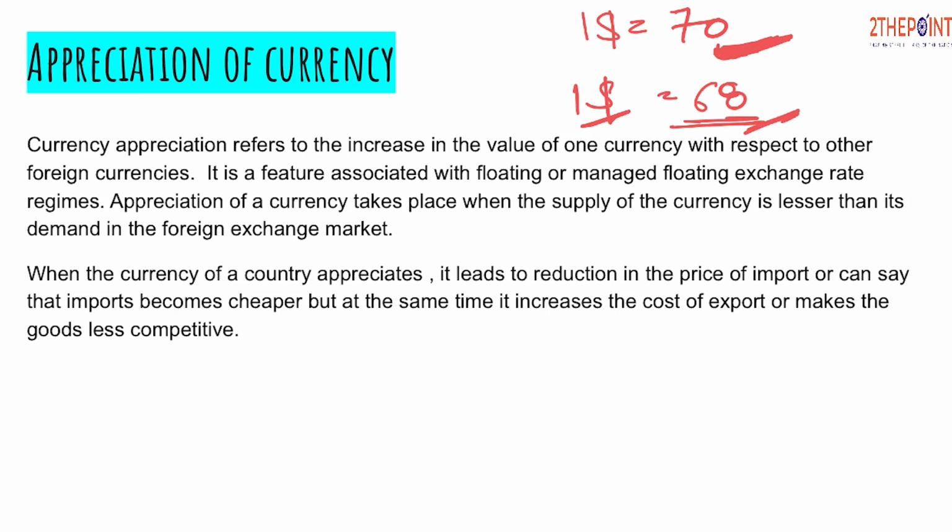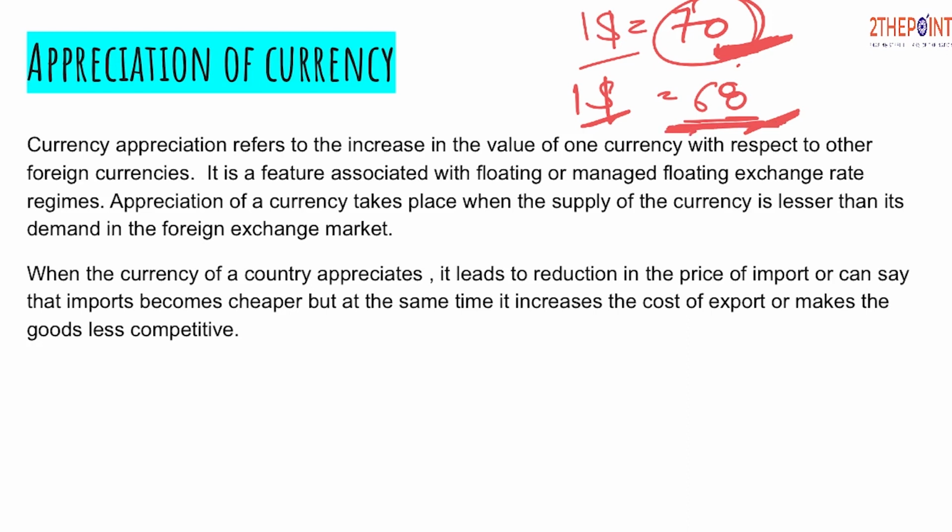So either the value of the dollar has depreciated, because earlier the dollar was 70 rupees and now its value has fallen to 68 rupees, or you can take it this way: the value of the Indian currency has appreciated because now it has more buying power. Earlier you could buy $1 for 70 rupees; now you can buy more dollars with 70 rupees because the value of $1 is 68.